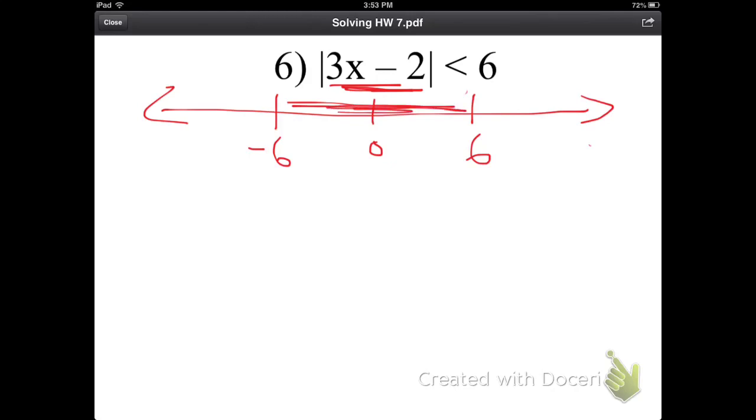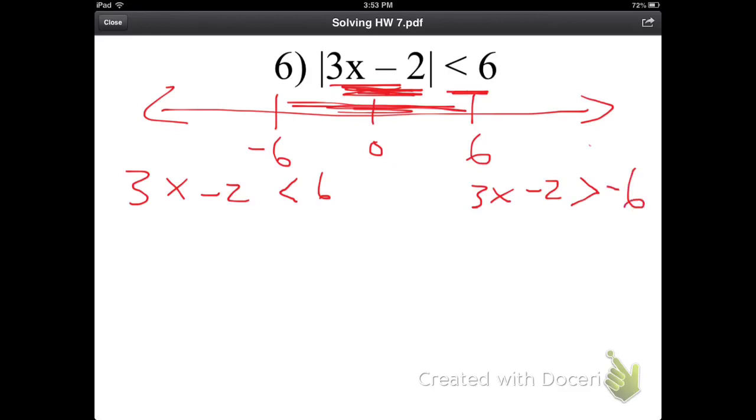Well, just like how on the previous one where you wrote down the inside part twice, we're going to do it again. We're going to have 3x minus 2 and 3x minus 2. And this time, one of them, you're going to just have less than 6, and then the other one has to be greater than negative 6.